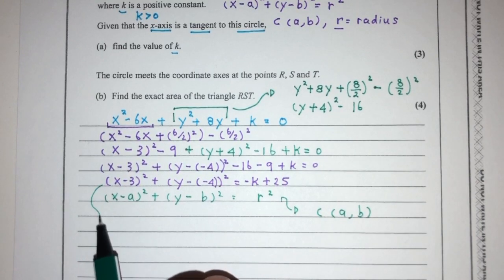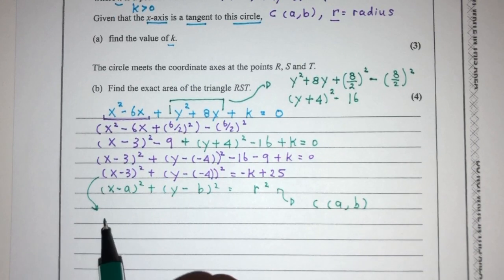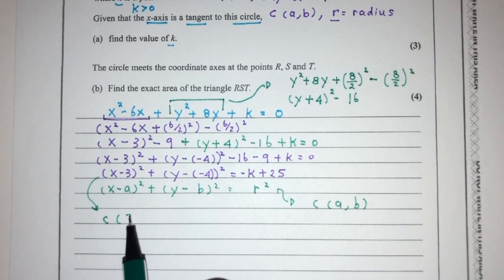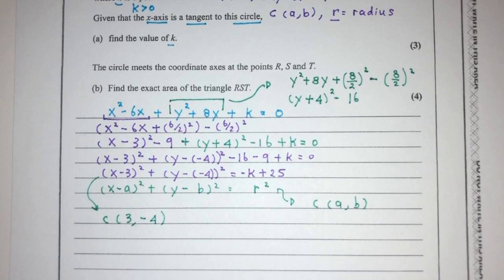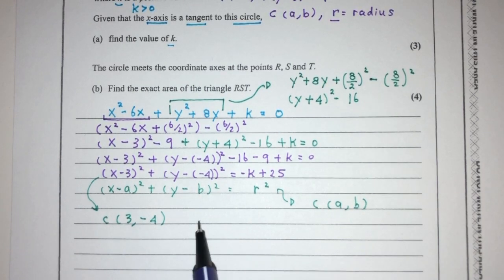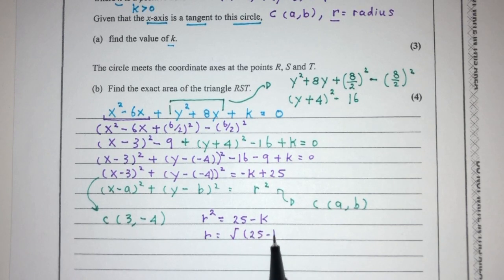Now by comparison, you can see the center has to be 3 and minus 4. This is the center of the circle. Now what about the radius? Compare. We know this is r squared, which has to equal 25 minus k. So the radius is equal to the root of 25 minus k.